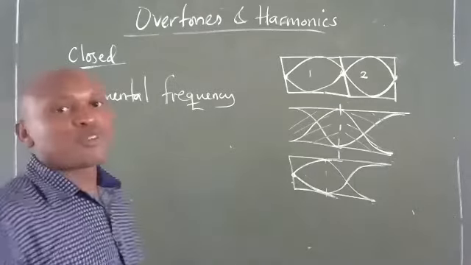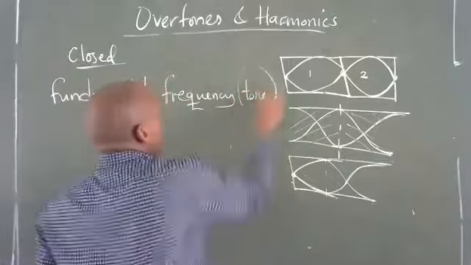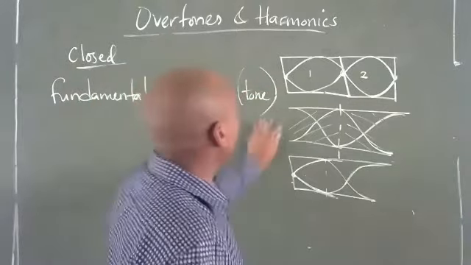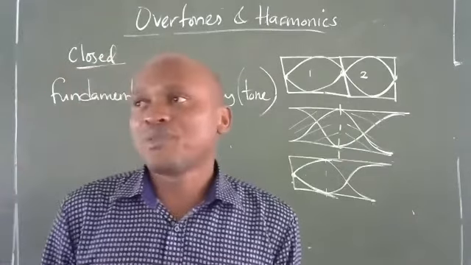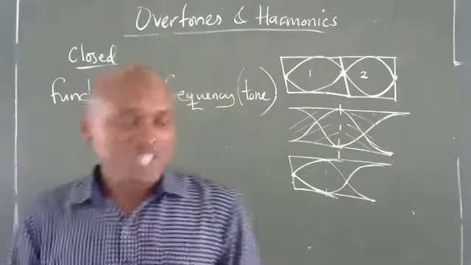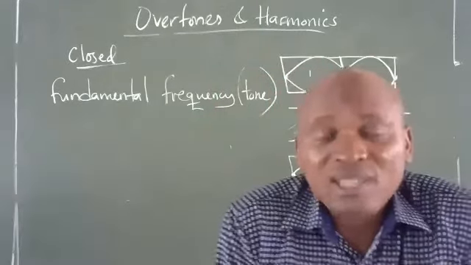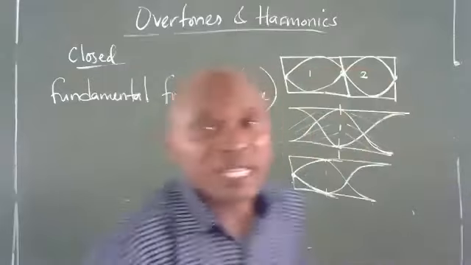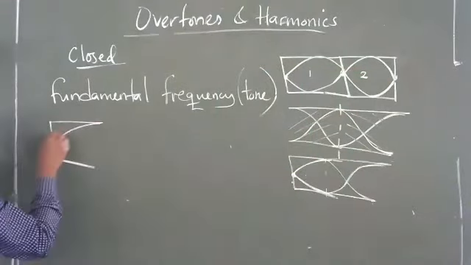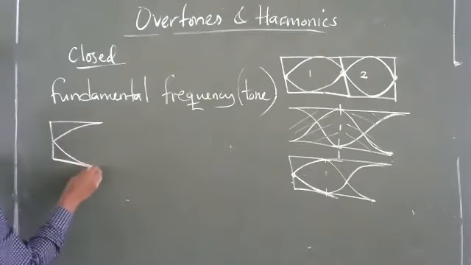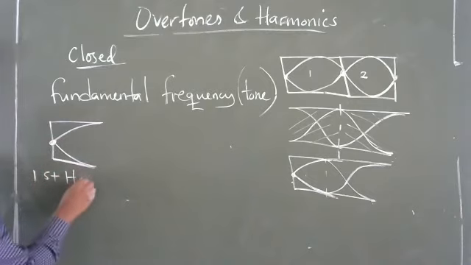Fundamental tone or fundamental frequency is the first shape that you start with. Now, after this first shape, in our topic of harmonics, it will be called the first harmonic. This is the beginning shape for open on one side. So this is the first harmonic.